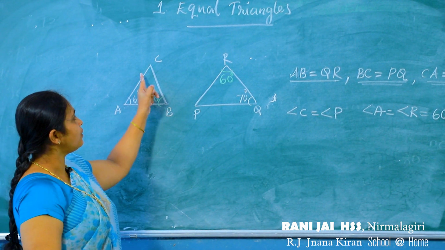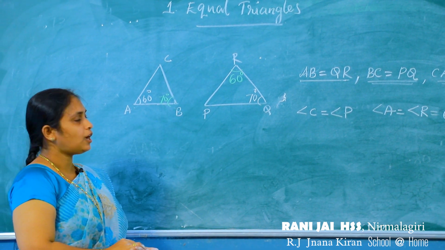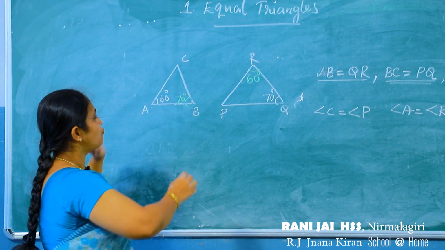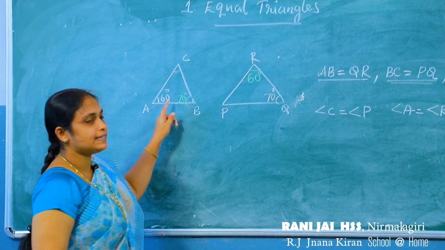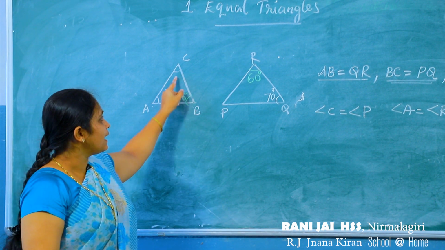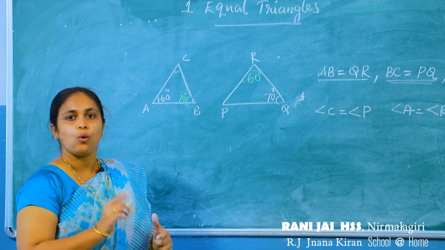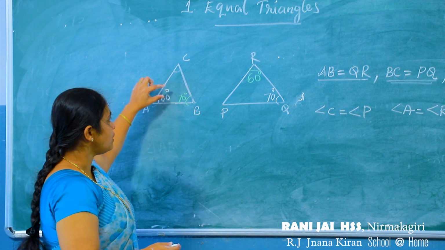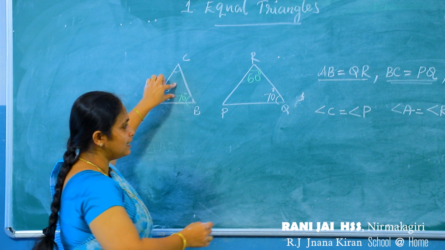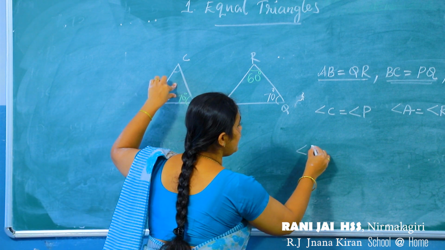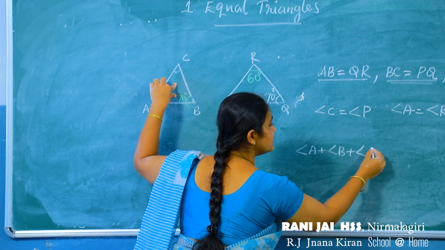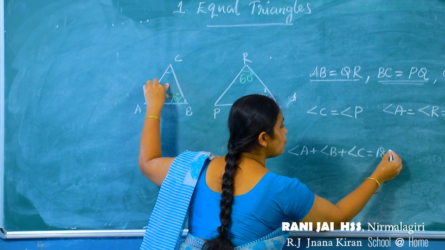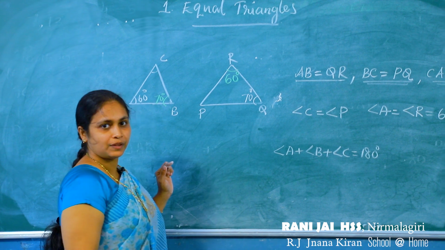Then how do we find angle C? For finding angle C, we know that the sum of the three angles of a triangle is 180 degrees. Therefore, in this triangle, angle A plus angle B plus angle C equals 180 degrees.